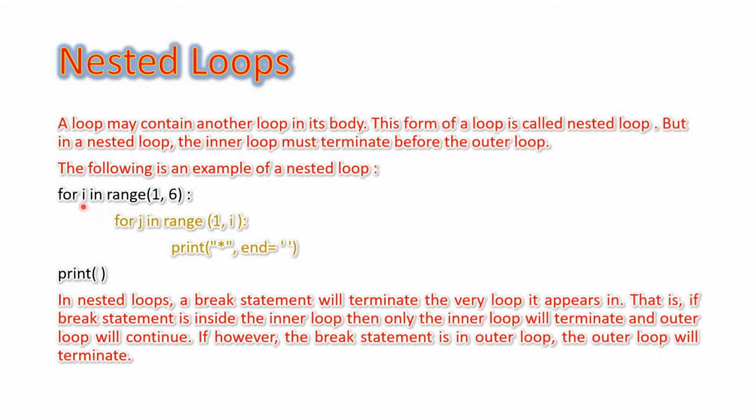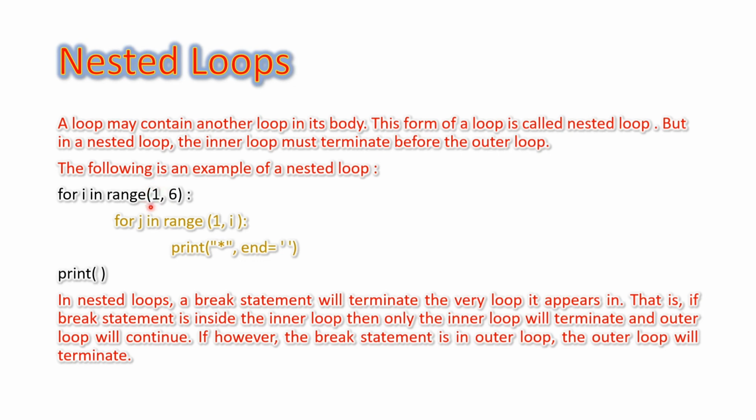Here we have the outer loop for, which has this print statement after the loop, and this loop for j is inside the outer loop. So this is your outer loop and this is your inner loop. The outer loop has a range from 0 to 6 and the inner loop has a range from 1 to i, and this is not from 0.